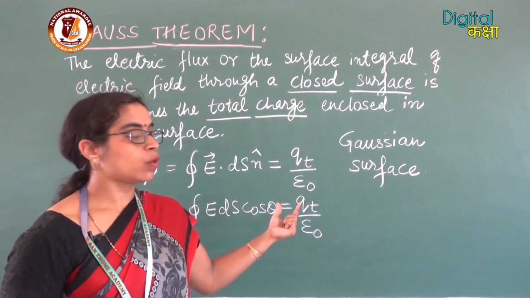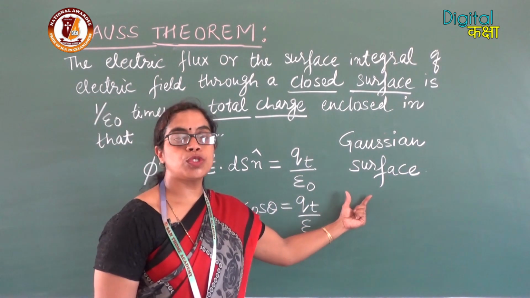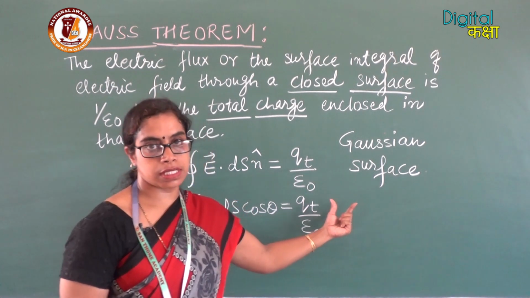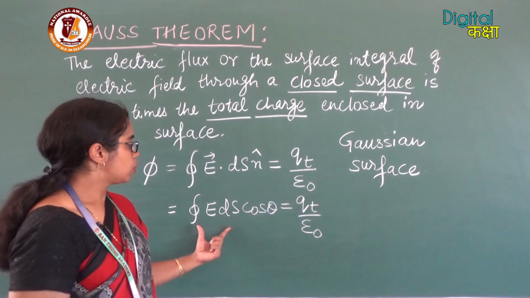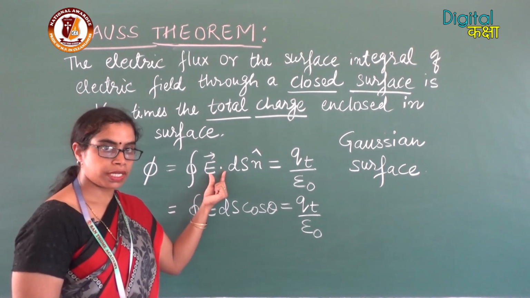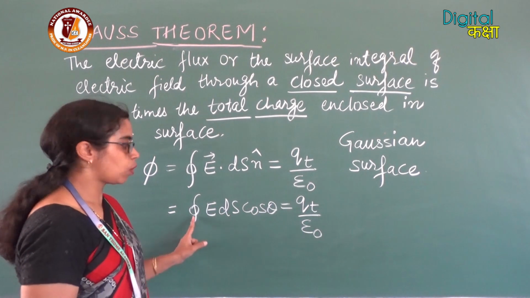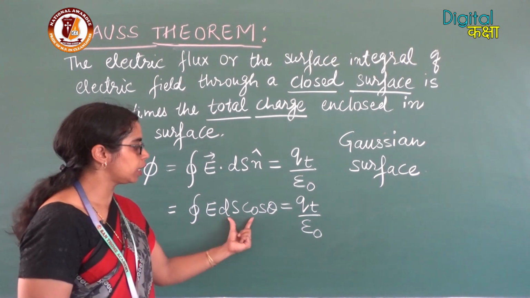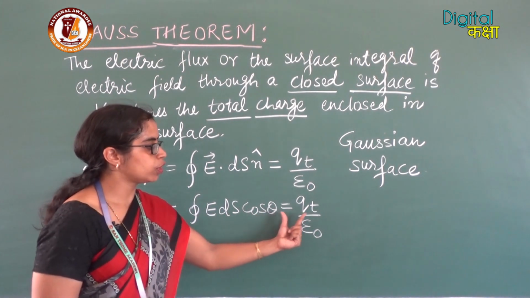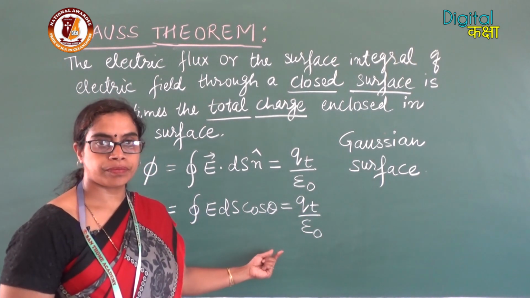The shape of the Gaussian surface depends upon the distribution of the charges. So, after removal of this dot product, this can be written as closed integration of E ds cos theta is equal to qt upon epsilon naught.